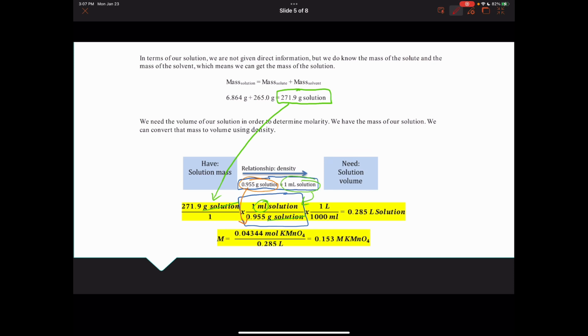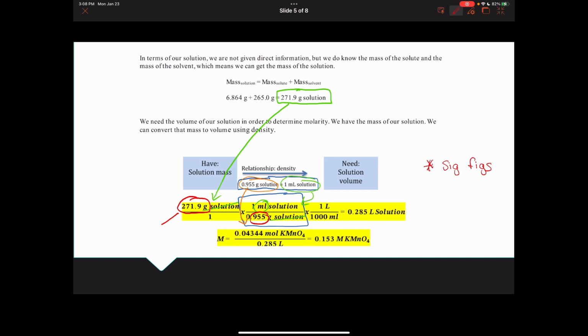Now, can't forget our significant figures. If you need a review of significant figures, there are review videos loaded in our online course. Our significant figures, remember those are coming from our measured values. So the measured values here are masses. So the measured values are these grams, and density, because it's coming from this measured value.